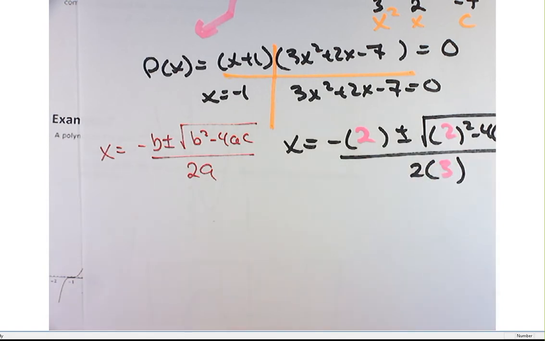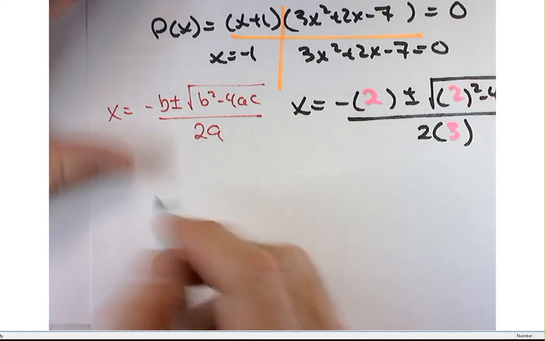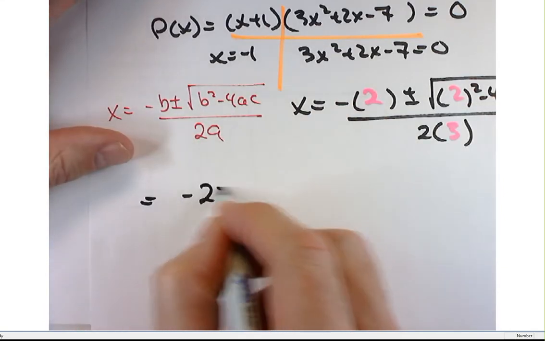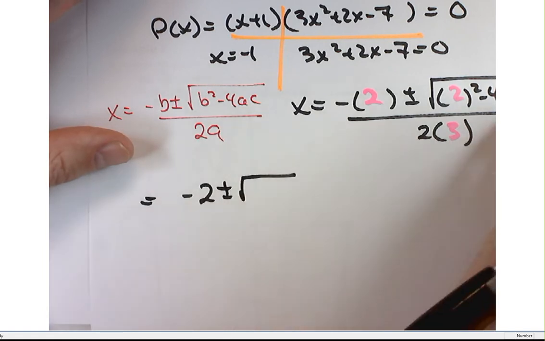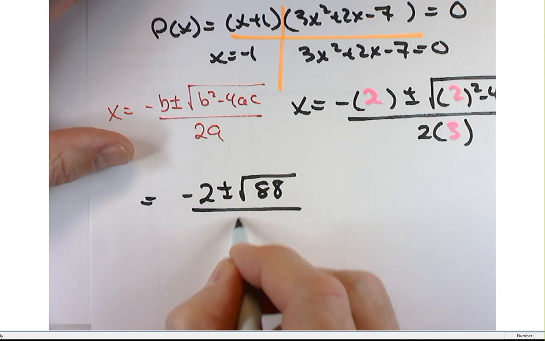All right. So it's not going to necessarily work out nice and even, which is probably why I couldn't see a way to factor it. Negative 2 plus or minus the square root of 88 over 6.